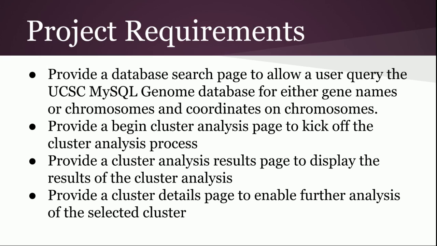The fourth requirement was to provide a database search page to allow a user to query the UCSC MySQL genome database for either gene names or for chromosomes and their coordinates on the chromosomes. The database search page should be able to be used as a standalone feature or as part of the overall research.